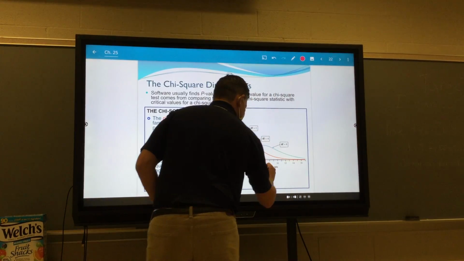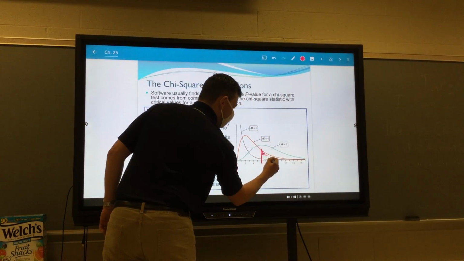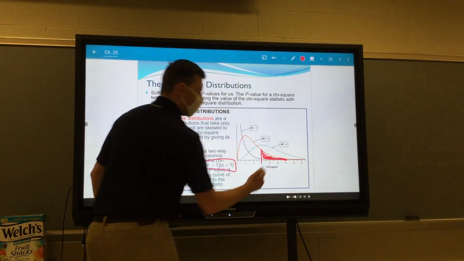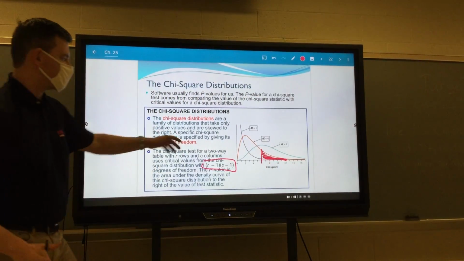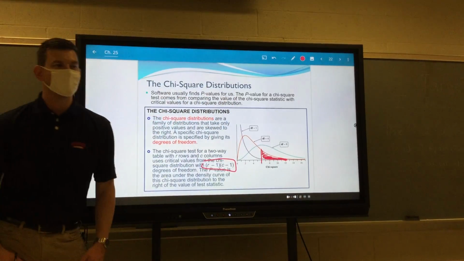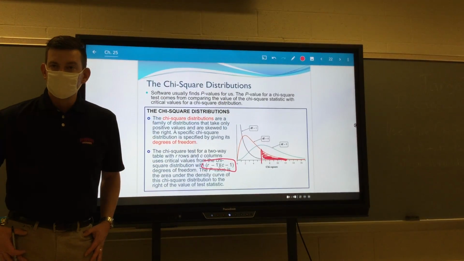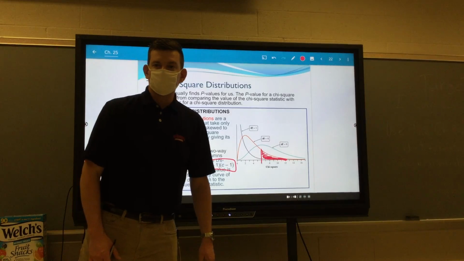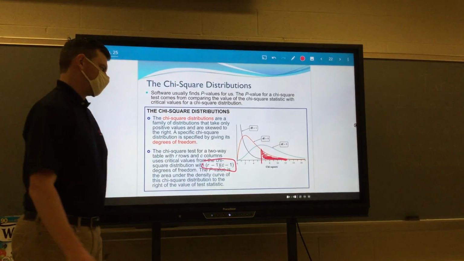I'm just going to pretend it's 6. And anything to the right under the curve, that is our p-value. You can see how close to the x-axis that curve would be, which makes sense why we had such a small p-value.